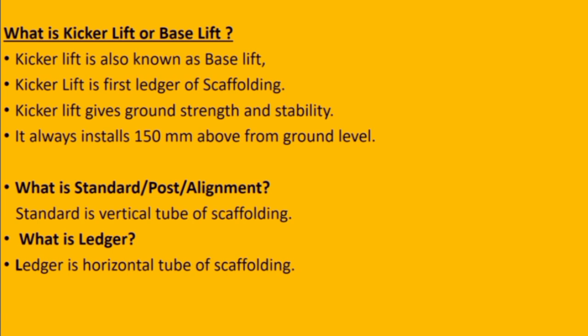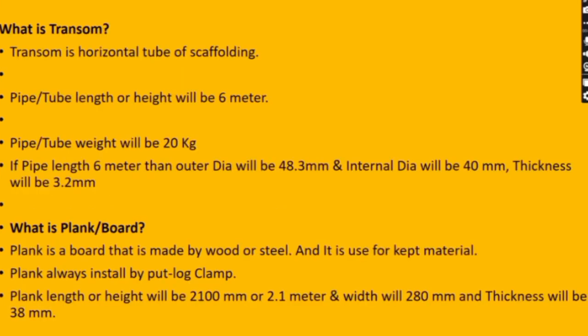What is a standard? A standard is a vertical tube of scaffolding. What is ledger? Ledger is a horizontal tube of scaffolding. Transom is a horizontal tube of scaffolding. What is plank or board? Plank is a board made of wood or steel and it is used to carry material.